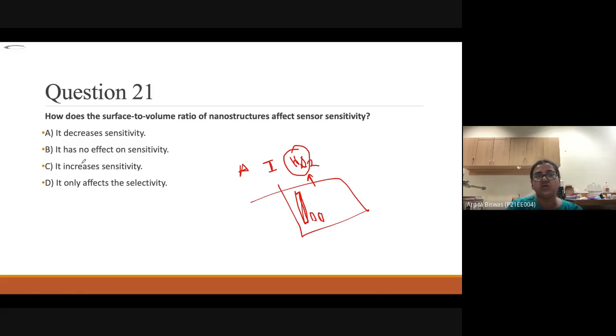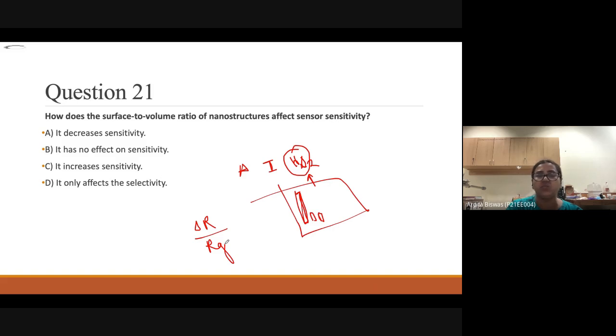Now coming to the point, sensitivity, like it is sensing this material. In that case, we can give the sensitivity as delta I or delta R by Rg, like how much the resistance is changed, if it is chemiresistive, when it is compared to the base device, when no gas is present.